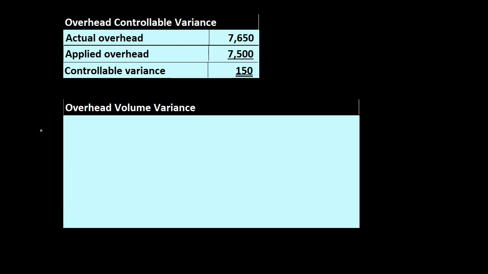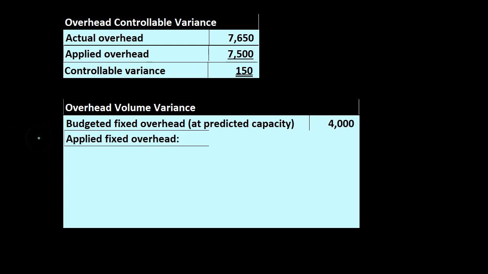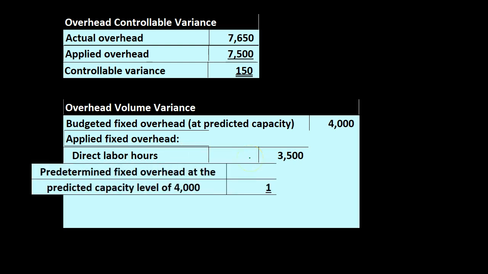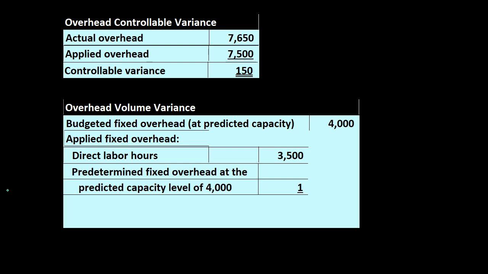The overhead volume variance is going to be the other component to get to the total variance of that 650. So the overhead volume variance is going to be the budgeted fixed overhead at the production capacity, the 4,000. And then we're going to have the applied fixed overhead. That's going to be the direct labor hours, 3,500, times the predetermined fixed overhead at the predetermined capacity of 4,000. So note, we're only looking at the predetermined portion. When we have the predetermined overhead rate, when we had the capacity of 80% or the 4,000, it was $2.